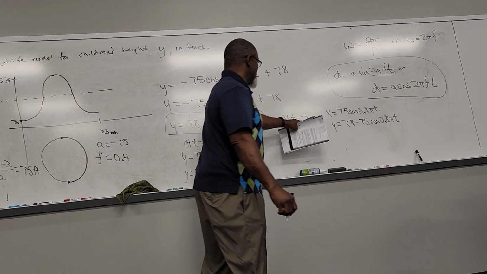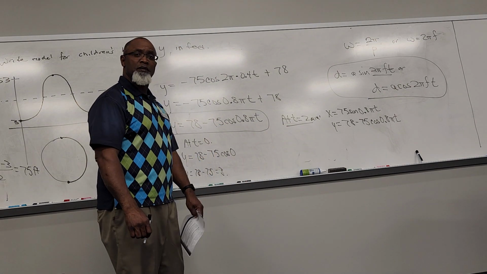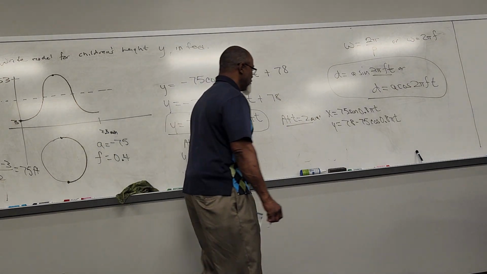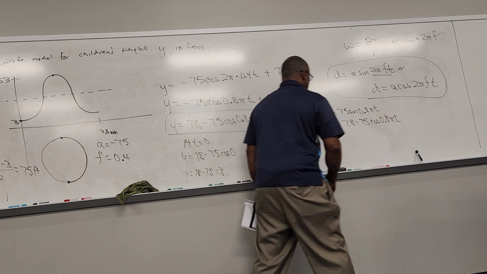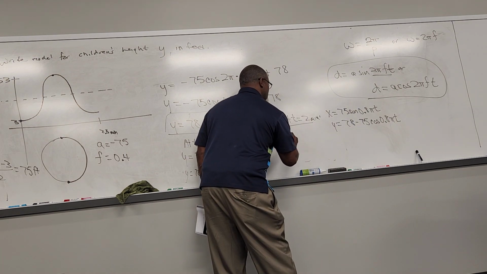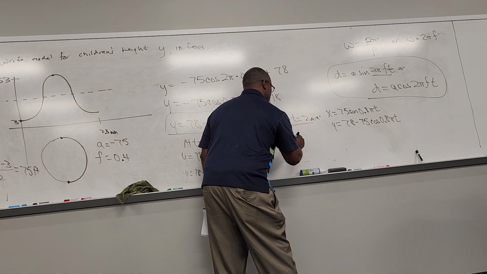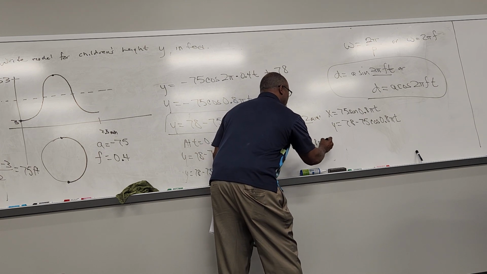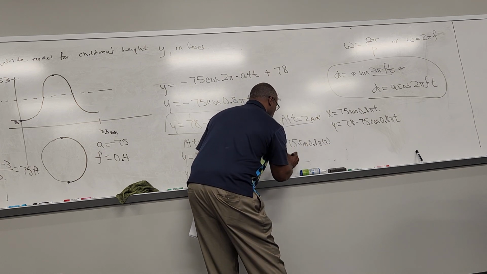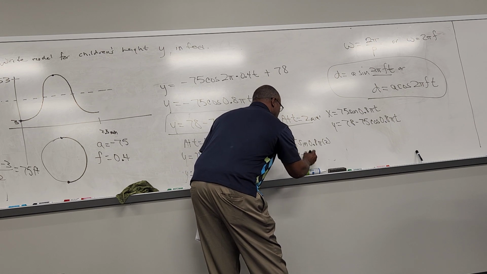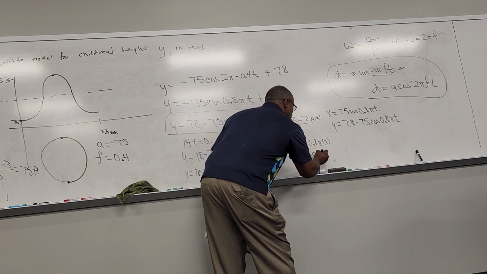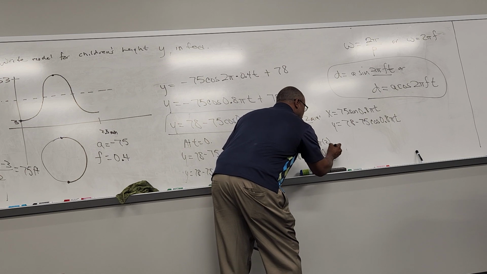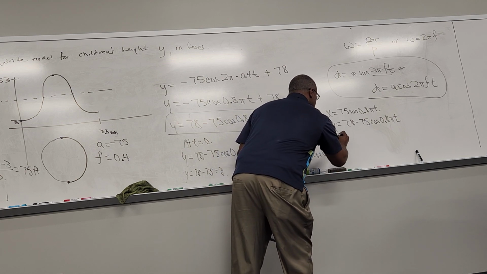And all we're doing is putting 2 where the t is. So x would be 75 sine 0.8 pi times 2. Y would be 78 minus 75 cosine 0.8 pi times 2.